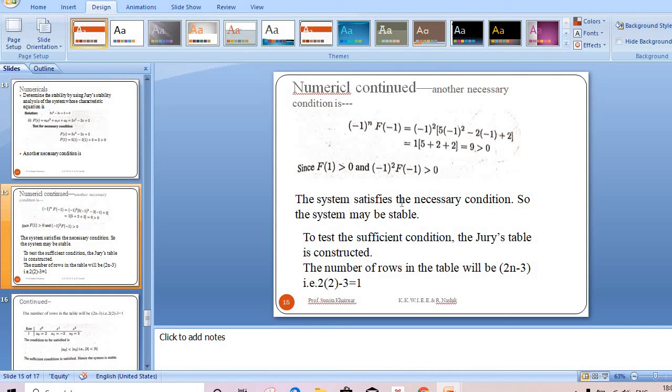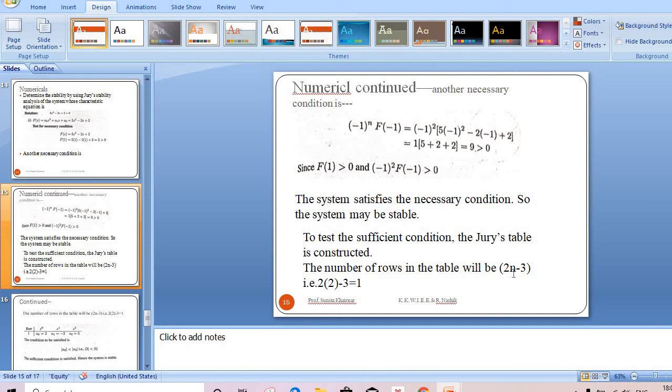The system satisfies the necessary conditions, and so the system may be stable. We are not confirmed because it has satisfied only the necessary conditions. For the system to be stable, it should also satisfy the sufficient conditions. To test the sufficient condition, Jury's table is constructed. The number of rows in the table will be 2n minus 3.